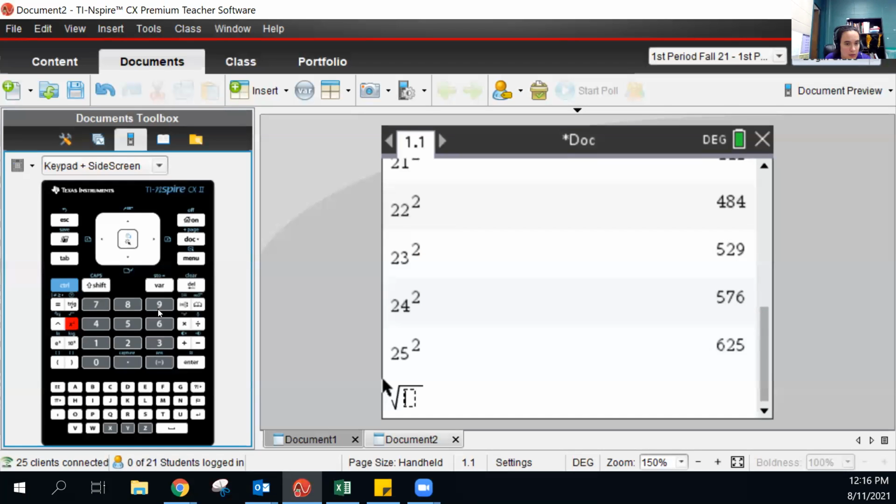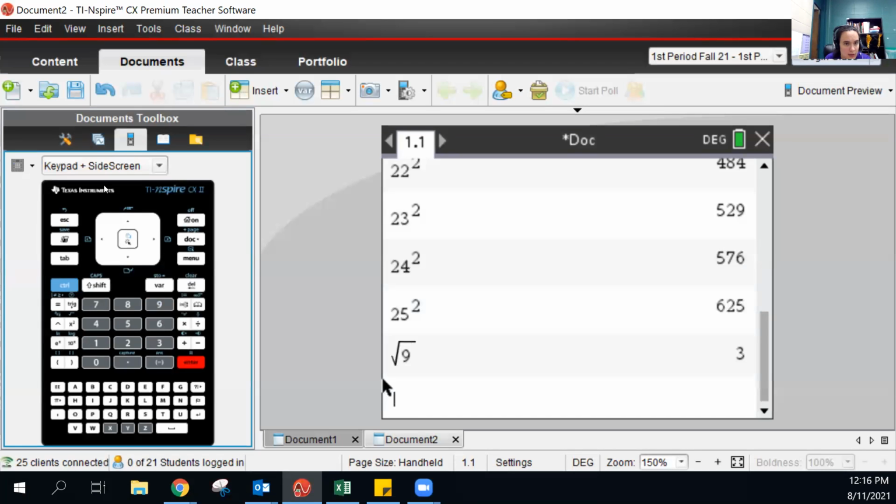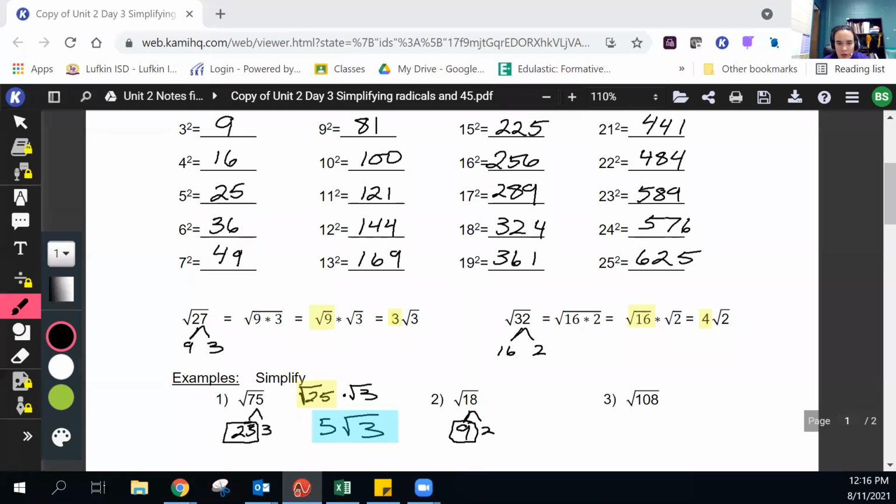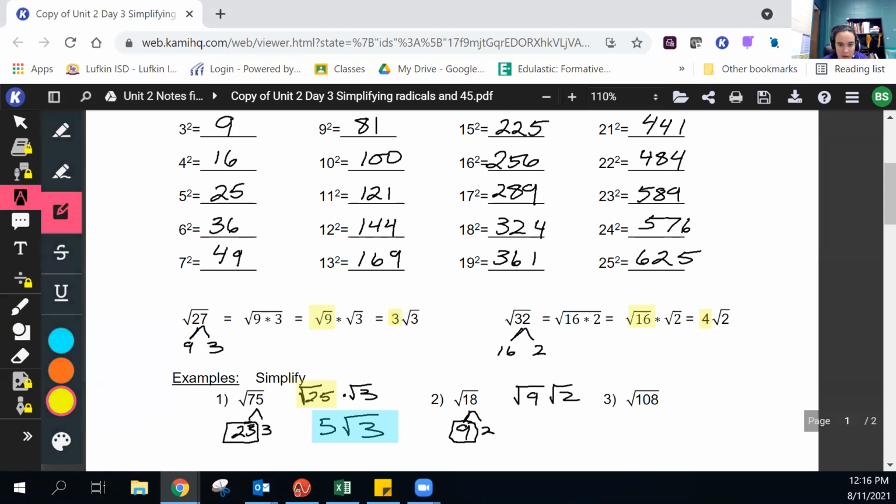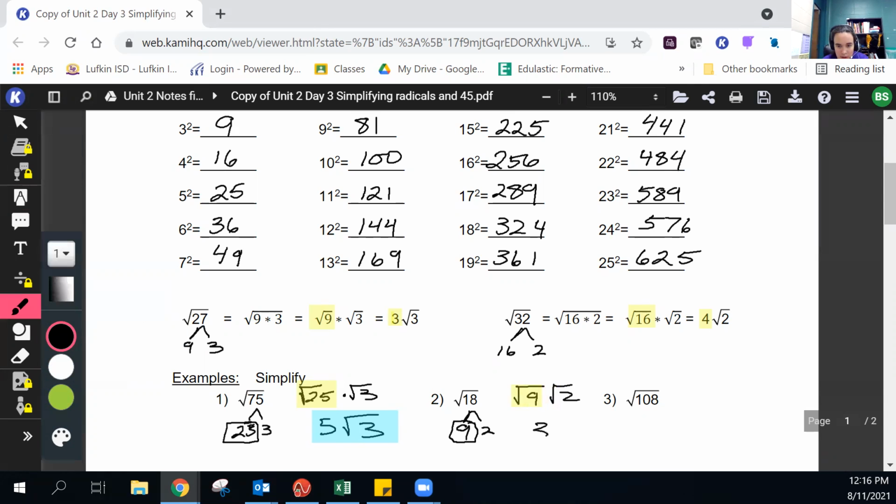Square root of 9 is 3. So we're taking the square root of 9 times the square root of 2. As we've already said, the square root of 9 is 3. So our answer is 3 times the square root of 2.